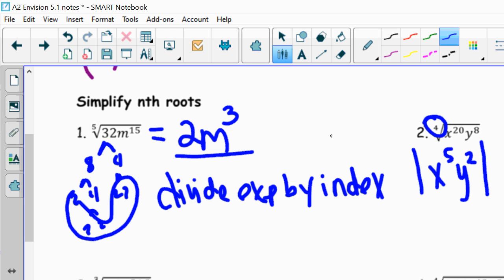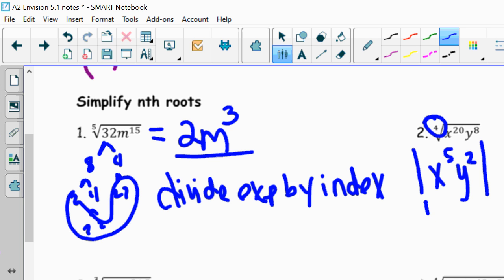The exponent x to the 5th, because it is an odd exponent, I could have a negative number, right? But the original problem had a fourth root, and it was raised to the 20th, which is even, so it must be positive. Y squared is always going to give me a positive sign. I'm never going to have a negative sign. So I don't need the absolute value for the y squared.